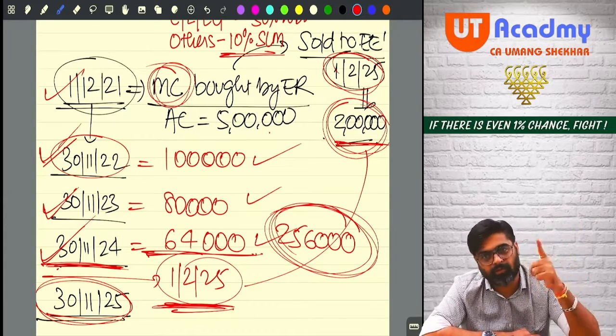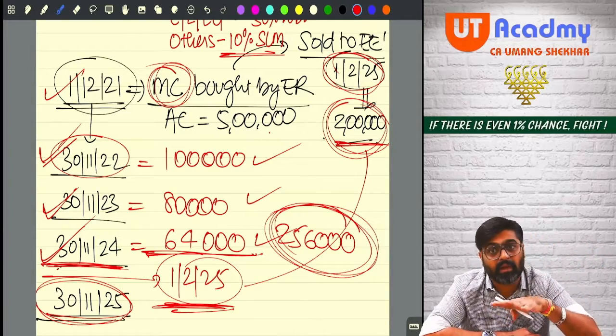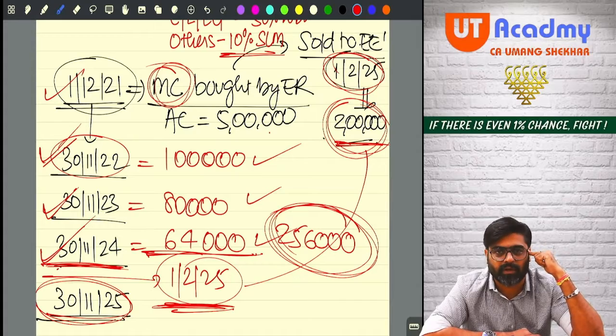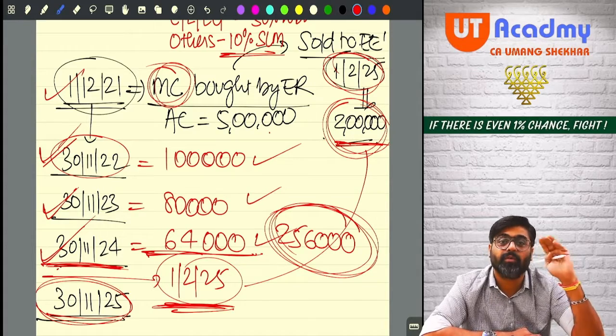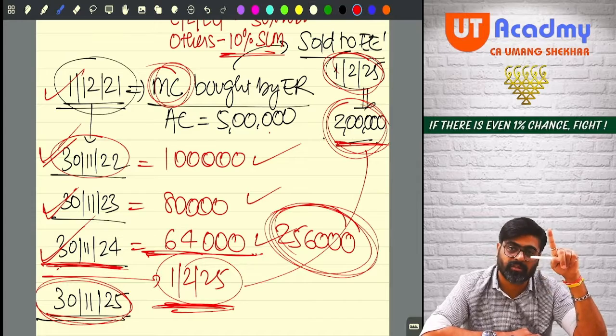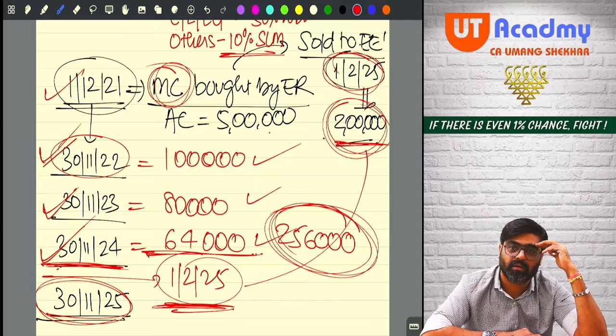On that 2,50,000, 50% will be 1,25,000, reduce. So now the value will be 1,25,000. For the third year, on 1,25,000, 50% will be 62,500. So what will be the balance remaining? 62,500. Now see the selling price. Is the selling price lower than 62,500 or higher? Higher. No perquisite benefit.